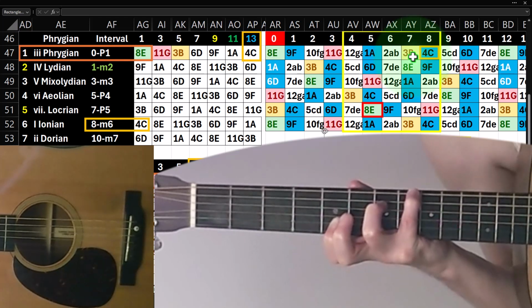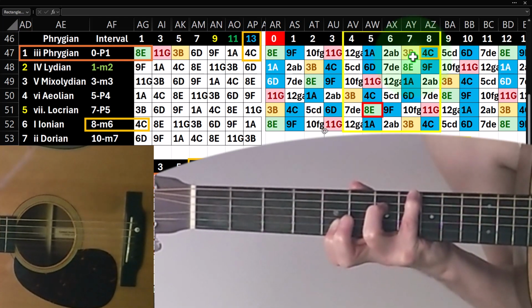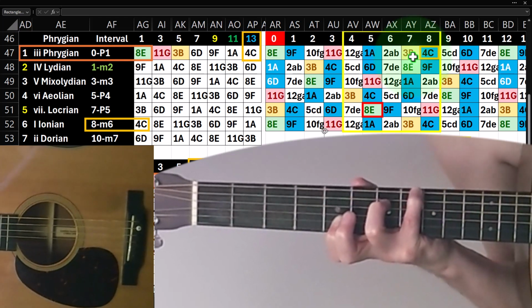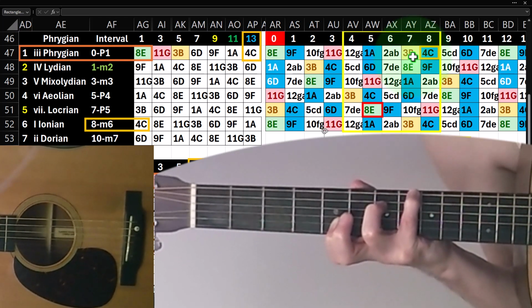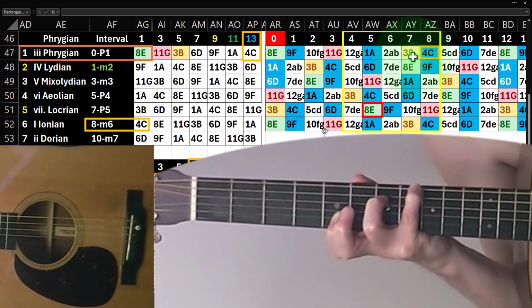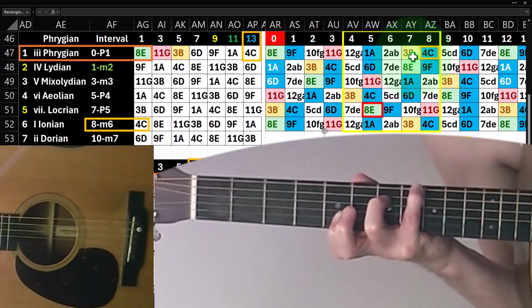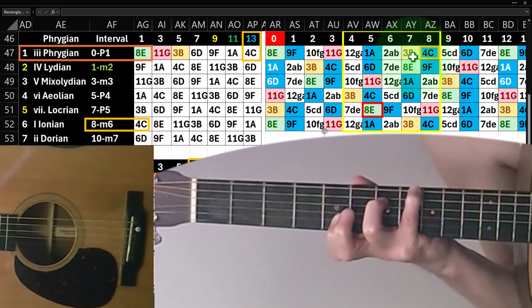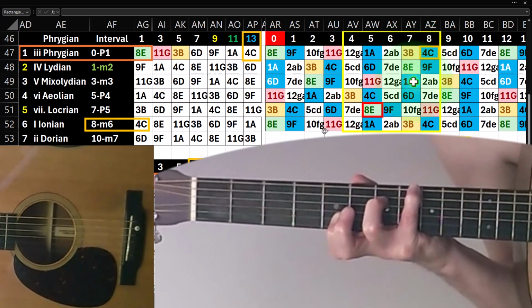So I don't really have to say I crossed the fault line. If I go up 4 strings or down 4 strings, and I'm not thinking about going around the top or the bottom of the guitar, then I have to cross the fault line, and therefore the distance will always be the same. So if I go up 4 strings, I'll always cross the fault line, and therefore the 8 note away minor 6, which could also be called the 8 note away minor 13, will always be 4 frets forward.